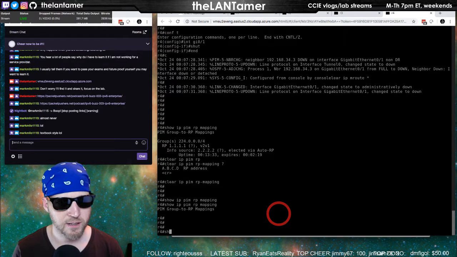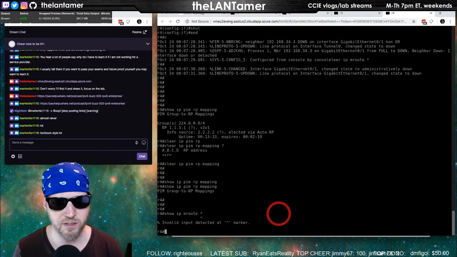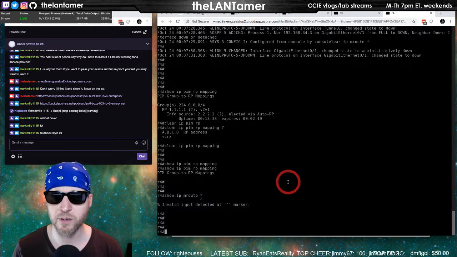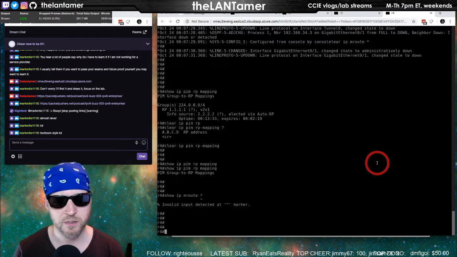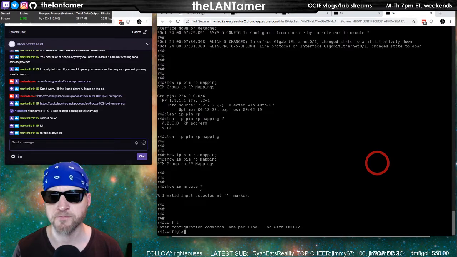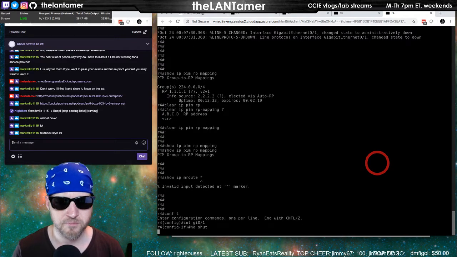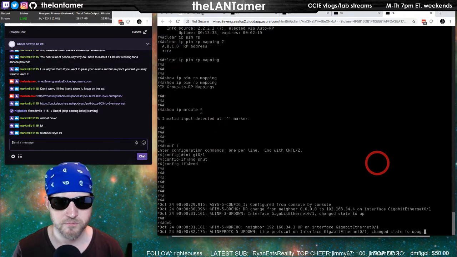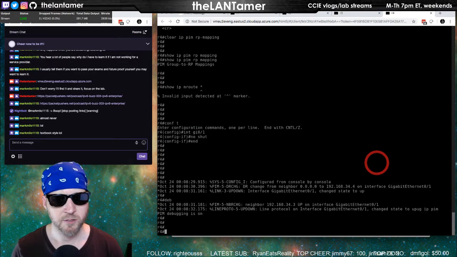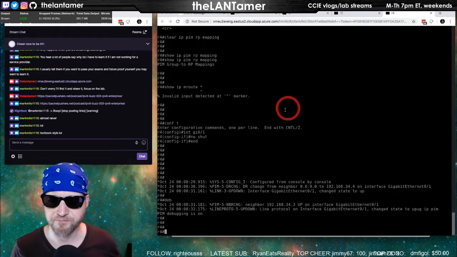Okay, so I got nothing. I got show IP mroute star. Remember, we don't have IP PIM auto RP listener configured. So let's bring the interface back up now. I'm going to do a debug IP PIM.